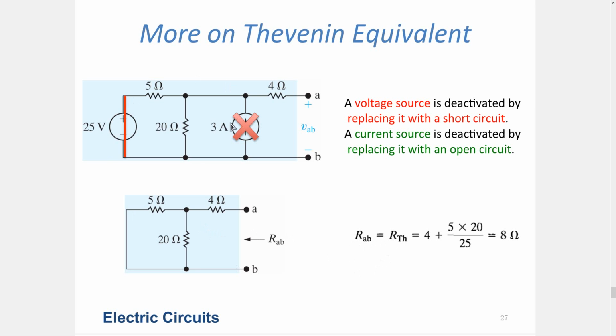For circuits that contain only resistors and independent sources, the approach makes life very easy. But if you have dependent sources, then you cannot replace them. You cannot deactivate them. You have to put a test source, give it a name like VS. Okay, so it will have a current IS.